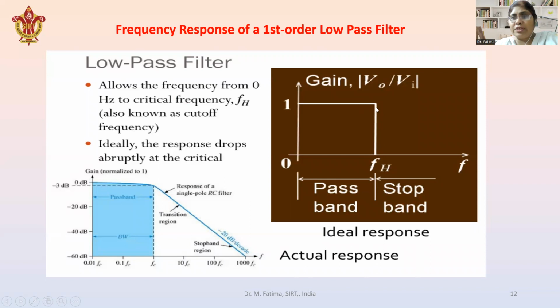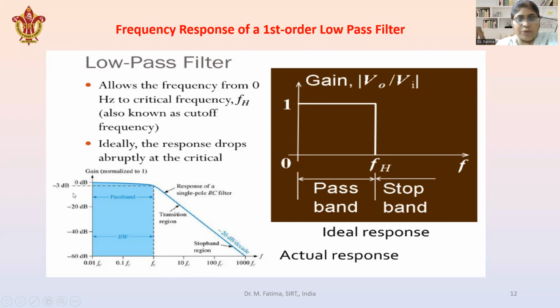After this cutoff frequency, the gain immediately becomes 0, and this is showing the pass band, and after the cutoff frequency, this is showing the stop band. But this is the ideal response of the filter. It never happens practically, since the capacitor being used is charging and discharging. Because of that, we get some slope here instead of this steep cutoff. So this is the practical frequency response of the low pass filter.